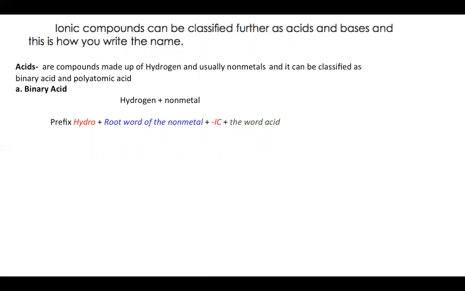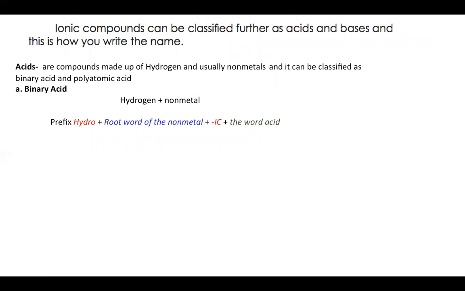So it is made up of hydrogen and partner niya non-metals. So pag makita mo ang hydrogen sa chemical formula na pinakauna followed by a non-metal, automatic nasa isip ninyo ay acid yan.